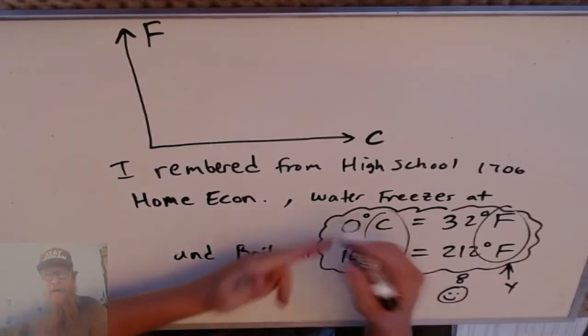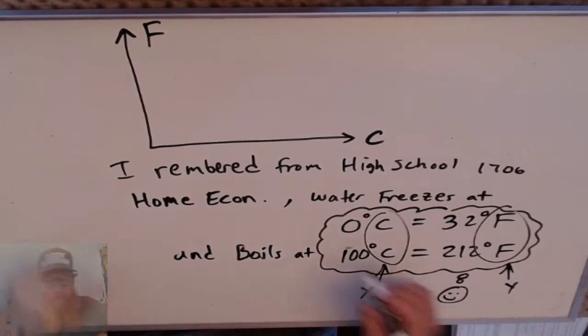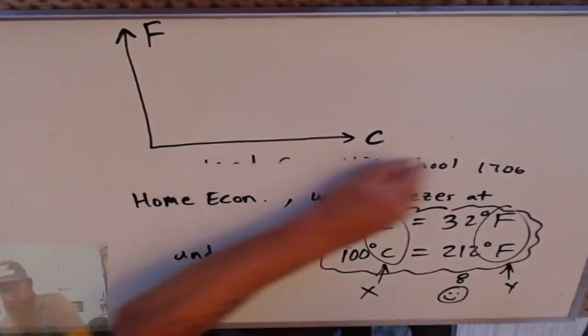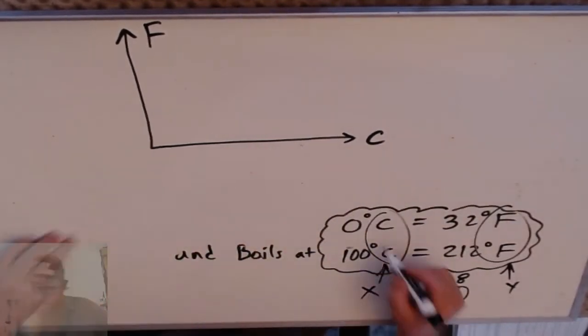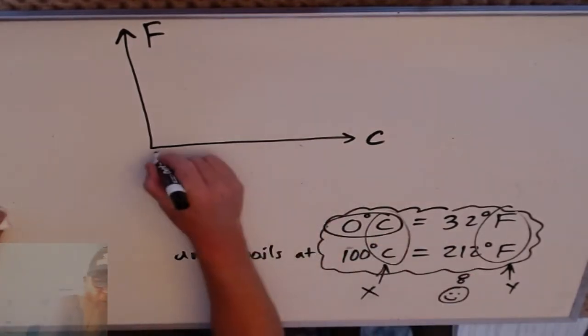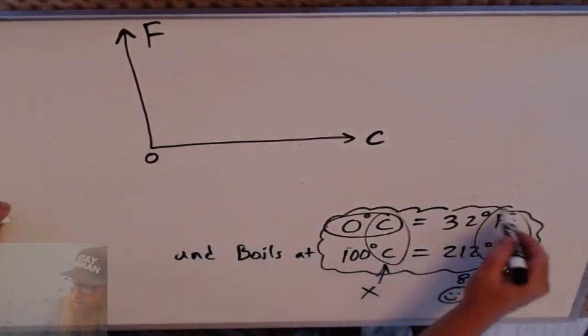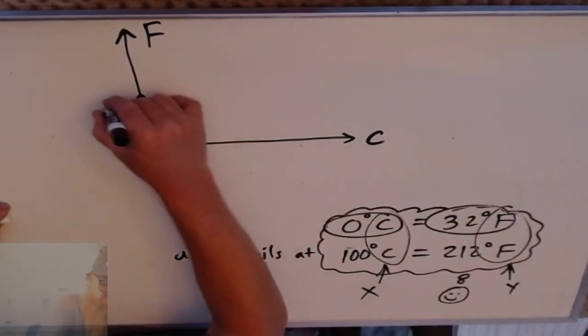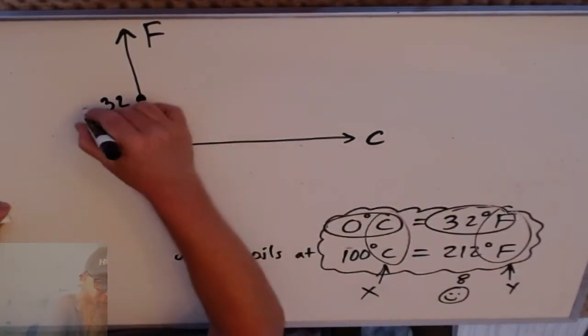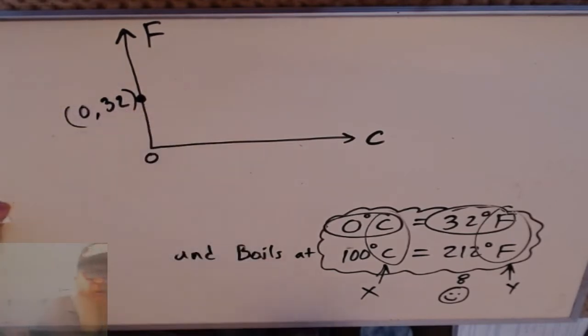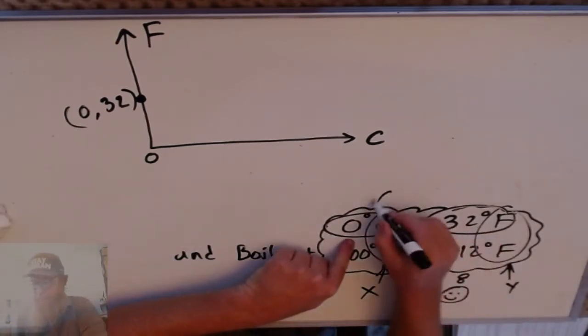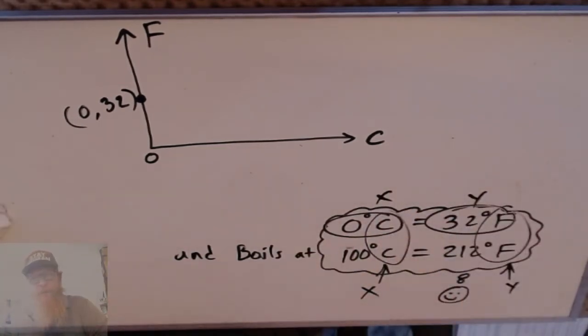Okay. And then I just plotted these as points. So if X is 0, this is my X1, which is 0. Y is 32. So this is the point (0, 32). X and Y. Okay.